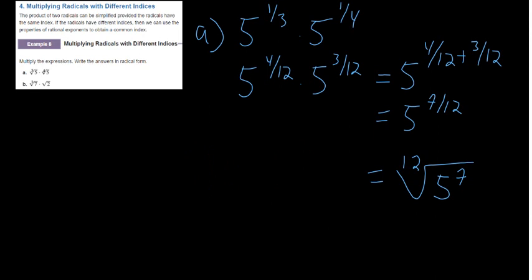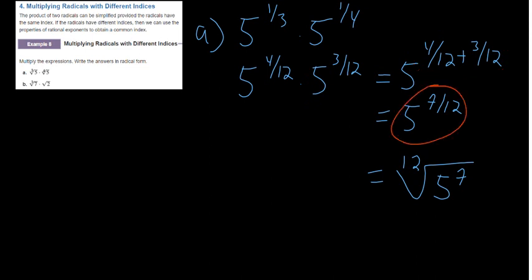Okay, and then once we did that, I found a common denominator for my exponents. Again, 4/12, that is 1/3. 3/12, that is 1/4. Then I combined those, and I know that if I take exponents with like bases, and we have a like base, they're both 5, then I can simply add them together. 4 plus 3 over 12, which is 7/12.